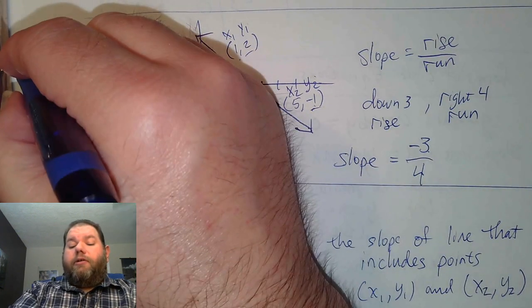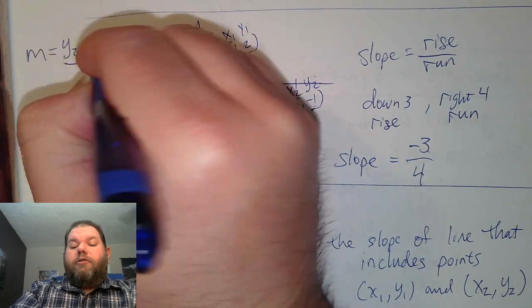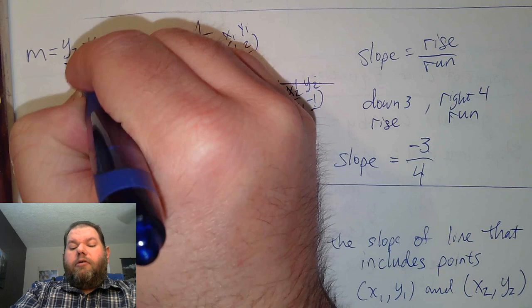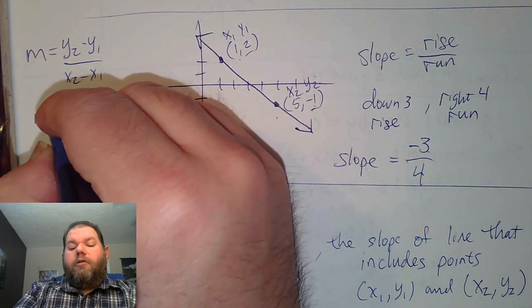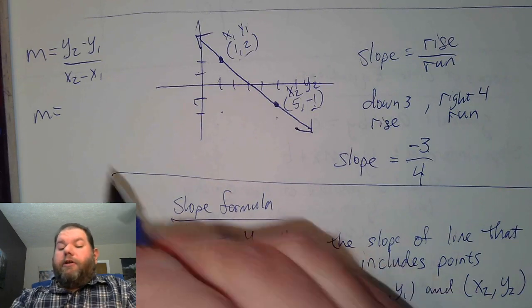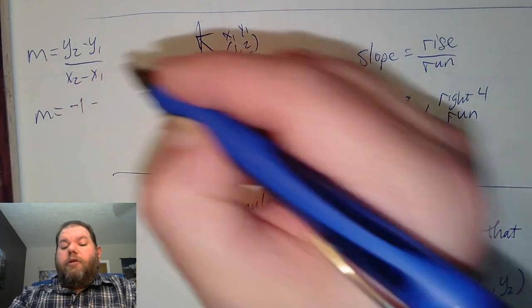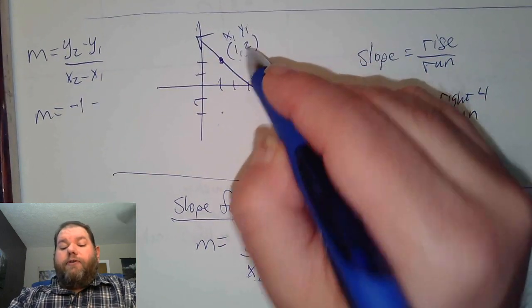So if we apply our slope formula here, we plug in y2 first, which is negative 1, minus y1, which is 2.